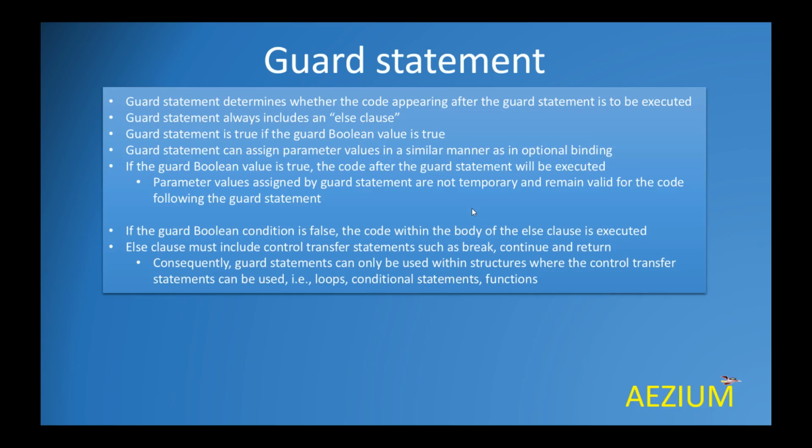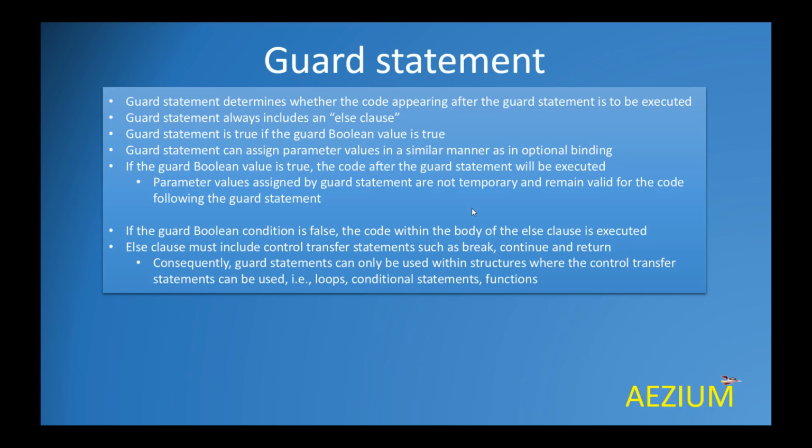So generally the way the guard statement works is that if the condition of the guard statement is true, the code after the guard statement is executed, and if it is not true, then the code within the else clause is executed.